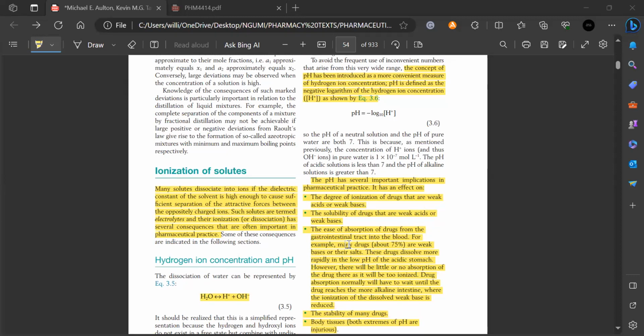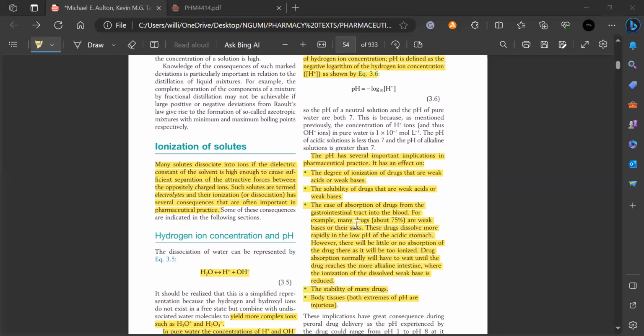Yeah, and the pH in itself has important implications in pharmaceutical practice. Some of them are the degree of ionization of drugs that are weak acids or weak bases, solubility of drugs that are weak acids or weak bases, ease of absorption from the blood, based on whether they're weak bases or they're salts.